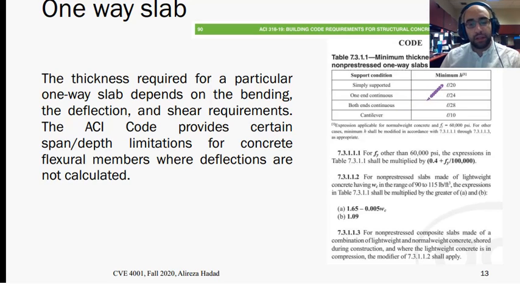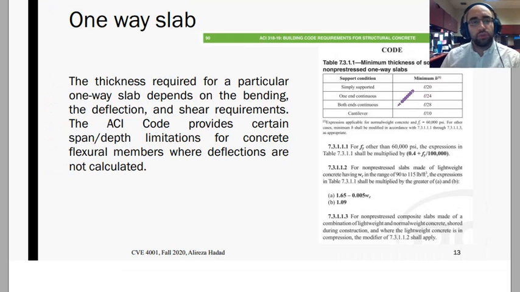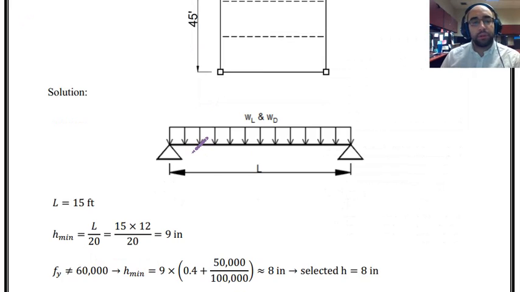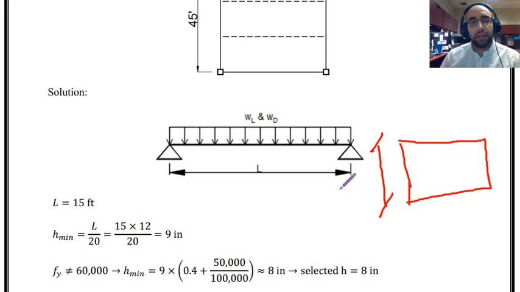So I'm going to use this table, and this table is not something new to you. You have used a similar table for designing the beam, right? So we are going to use this table for designing the slab, and for the case of simply supported beams or simply supported slabs, we have L over 20, and I'm going to use that in this example over here. The minimum height for the slab section, I'm talking about the slab section over here, and the height that I'm going to consider is L over 20, length is equal to 15 feet divided by 20.